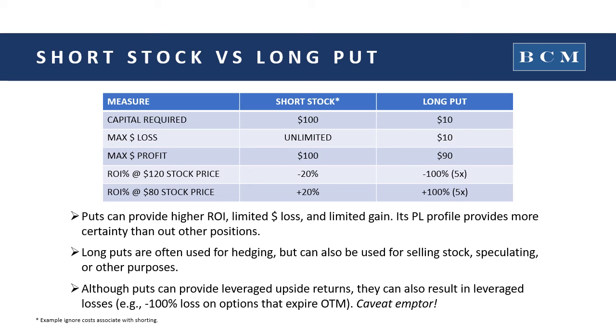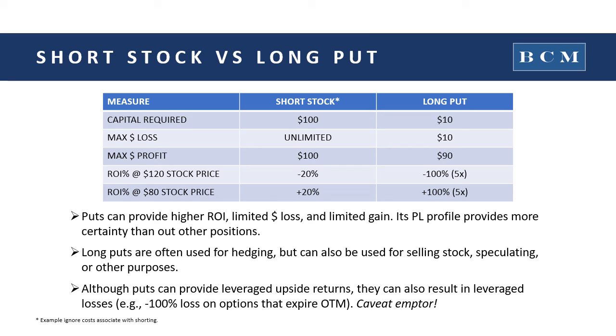Another way to think about this is to say that a long put provides the most certainty. And it turns out that that is one of the main reasons why people use puts, to increase certainty. Investors, a lot of times, will buy puts as a way to ensure their stock price, to hedge their stock.